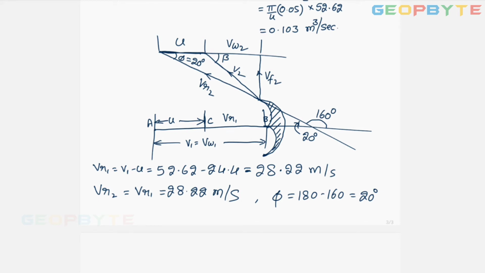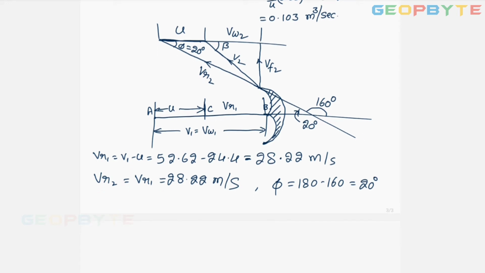Now you know VR2 and U, phi also known, you can find the VW2. Cos phi equal to U plus VW2 divided by VR2.